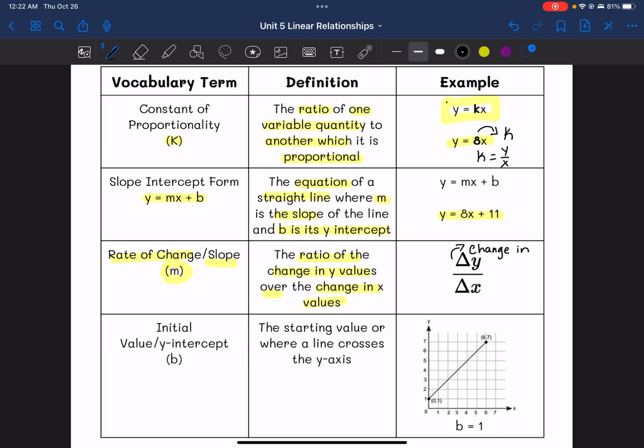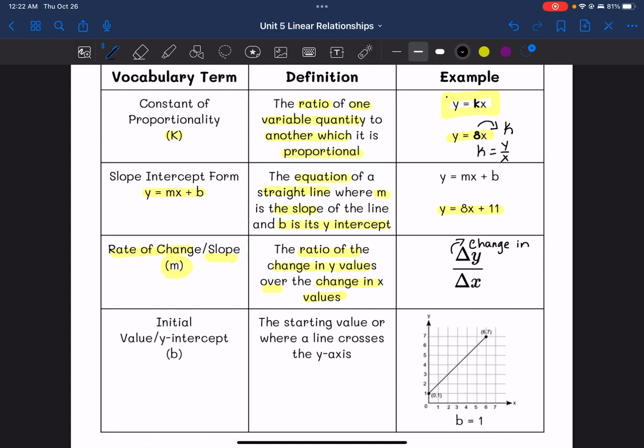And we will, in the future, go into a little bit more about how we would use this formula to help us find the slope. For right now, we're just going to understand that the triangle means change in y and change in x, okay? All right, the last vocabulary term is initial value, the y-intercept, or in other words, the b, okay?